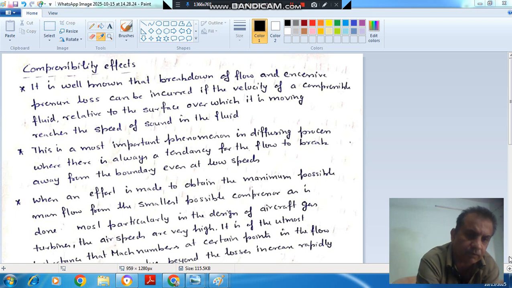The purpose of the compressor is to increase the pressure, but if the shock occurs, there is a sudden loss of stagnation pressure, which is not desirable and should be avoided.